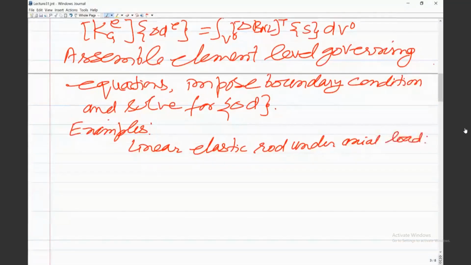What I am going to consider is a two-noded truss element.